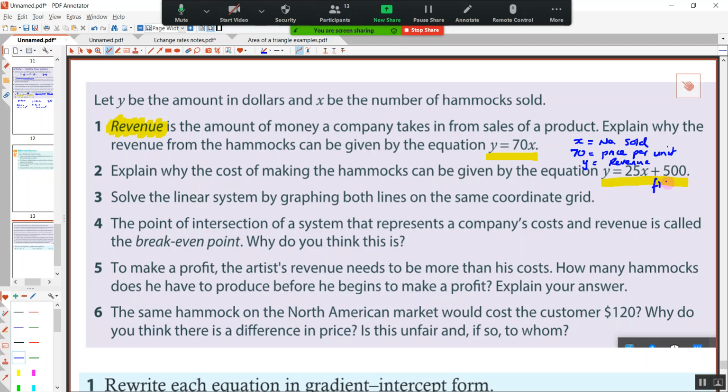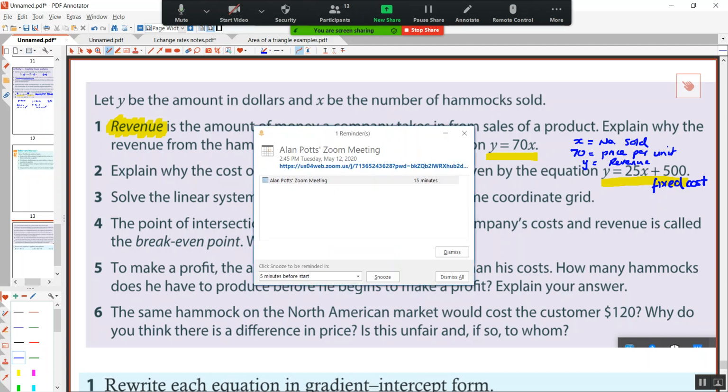Okay, so have you ever heard this called a fixed cost? Have you done anything like that in business? So a fixed cost, you'll notice there's no X on it, which means it will never change. So it's got nothing to do with how many I make.